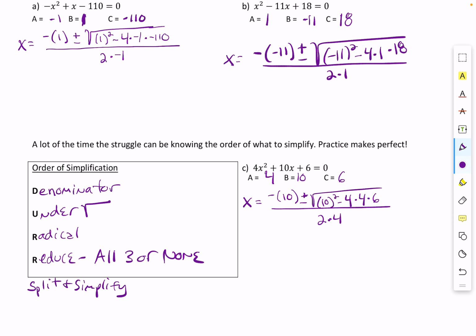Why are there 2 4s in here? One of the 4s is already there in the formula, good, and one of the 4s is my A, good, okay? Okay, first thing I do to simplify, denominator.